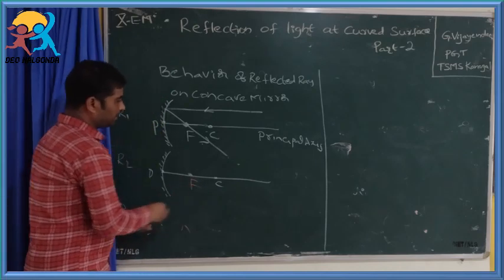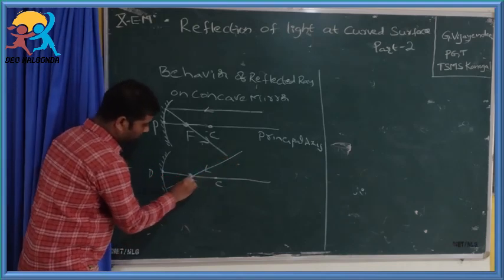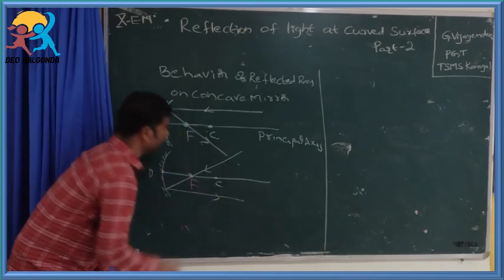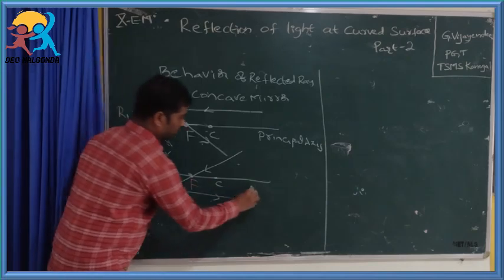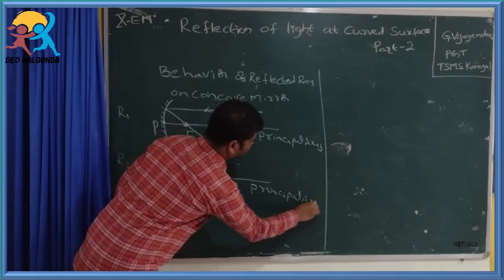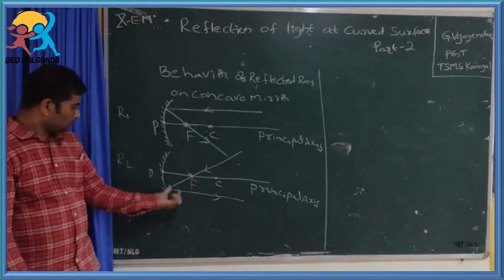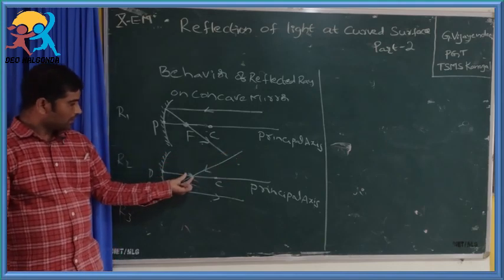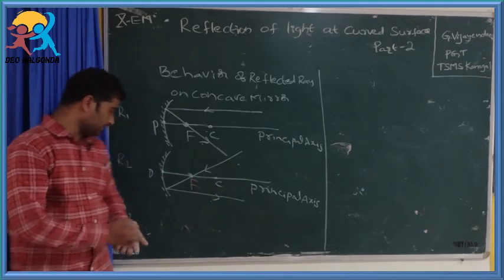Now if the incident ray is passing through the focus F, then the reflected ray is parallel to the principal axis. This is the principal axis. Rule 2: when the incident ray passes through the focus of the concave mirror, the reflected ray is parallel to the principal axis.